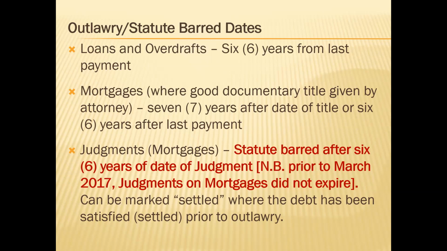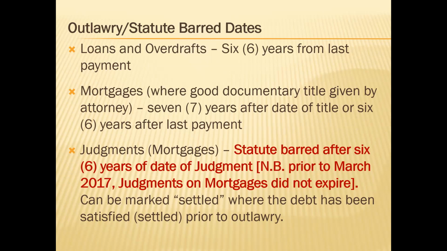The outlawry date or statute bar date on mortgages where good documentary title has been given by the attorney is 7 years after the date the title has been issued, or 6 years after the last payment. The second one, 6 years after the last payment, is similar to loans and overdrafts.